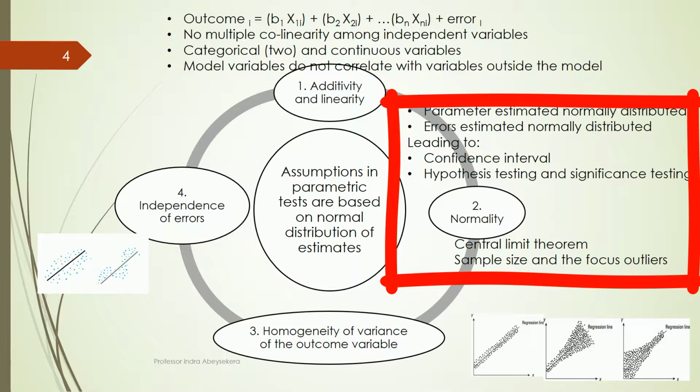Because we take a sample, and from the sample we try to make inferences about the population using the confidence interval. For example, that the sample mean lies within a certain confidence interval that reflects the population mean.